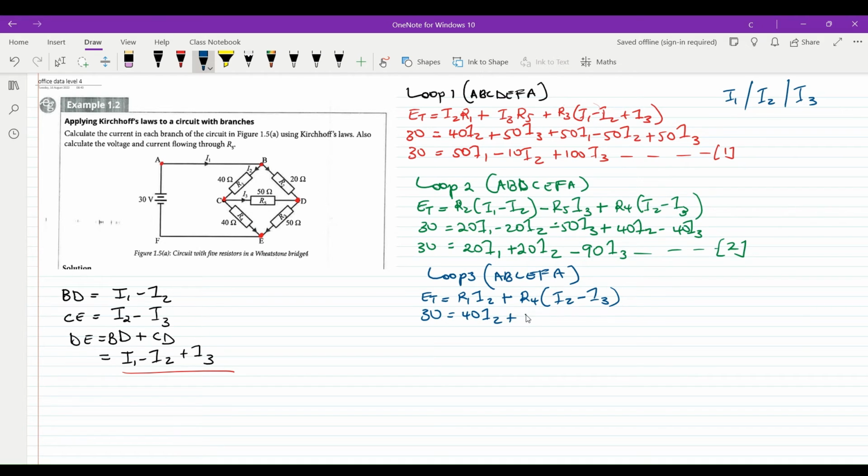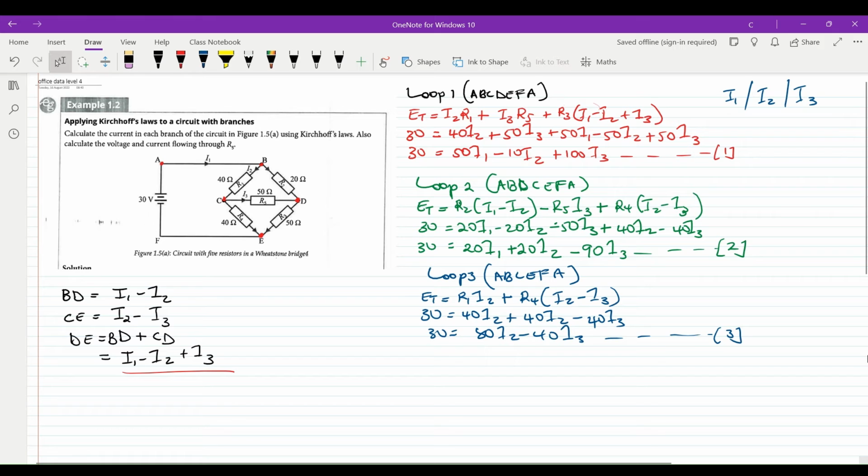R4 is given also as 40. I2, 40 I3, pardon me. Now let us look at this. We have 30, 40, 40. That will be 80 I2 minus 40 I3. We take that as our third equation.